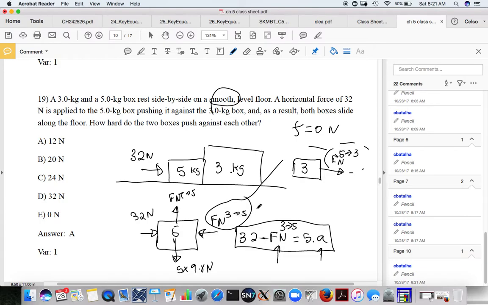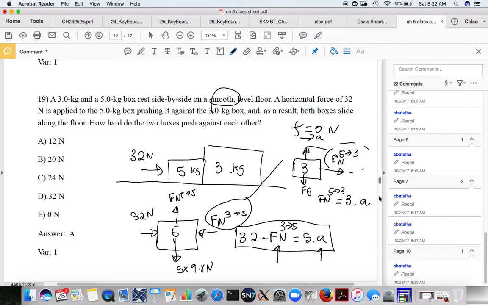This is Newton's third law. In addition, there's the weight and the normal, but they don't help in the movement of this 3 kilograms block along the horizontal direction. And when I write Newton's second law of motion, what I find is this force 5 on 3 is equal to the mass of the 3 kilograms block times acceleration.